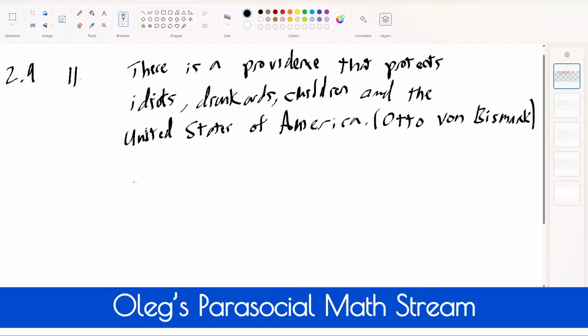So, in other words, there's at least one providence, not all of the providences. You could say there's like 5,000 different deities, but at least one of them is the deity that protects the United States. So we're gonna say exists, and let's just assign here.